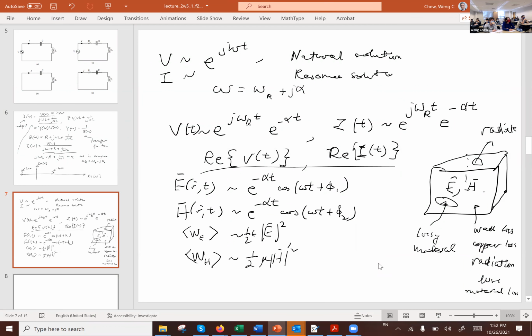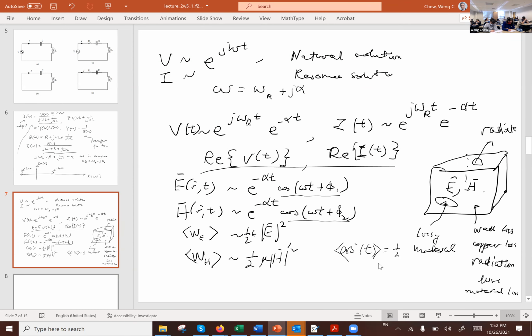If I put an average around it, what happens is that this part will time average to a constant. Okay, if you have a cosine squared of omega t, you know that it time averages to half. Okay, so something that is sinusoidal when squared will always time average to half.